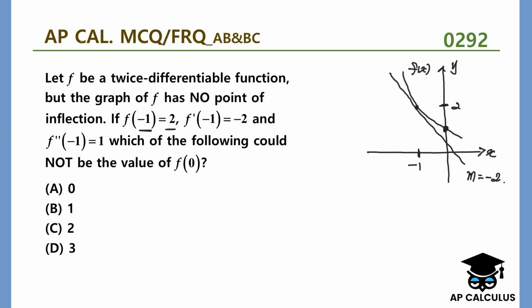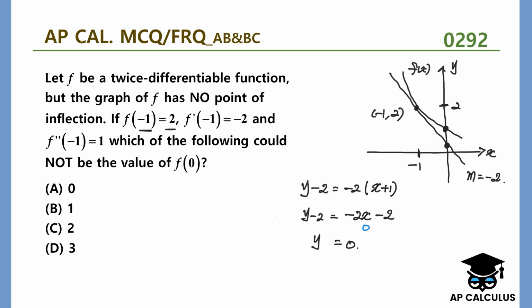Here, the slope is -2 and this point is -1, 2, right? So using point slope form, y minus y1 is equal to slope times x minus x1, so x plus 1, right? So y minus 2 is equal to -2x minus 2. So substitute 0 for x, right? Then what is y? y minus 2 is equal to -2, so y is equal to 0, right? Well, actually this value is equal to 0.